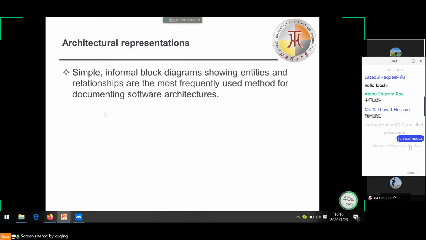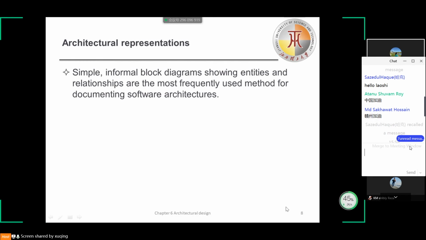Now we'll see the architectural representation. System architecture, we often model it using simple block diagrams, just like in our previous figure to show the robot system.